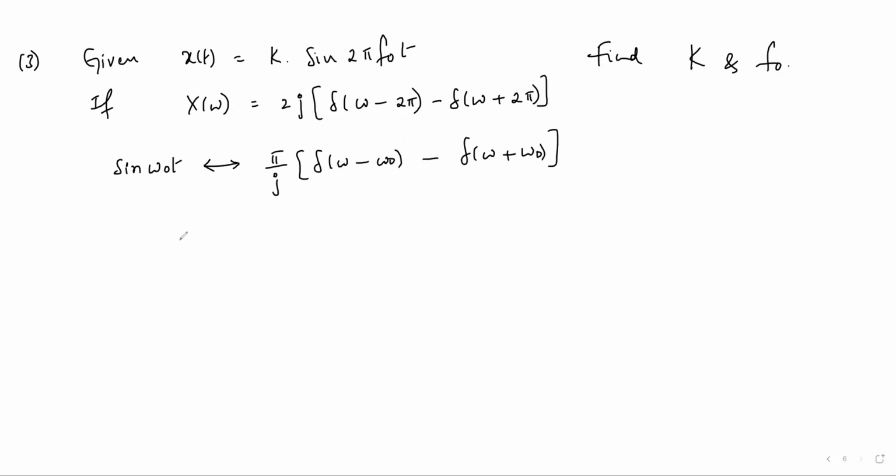Compare with the given and sort out the values of k and f naught. I'm giving time for you. Try to solve it. Simple problems, chance is there to make small mistakes.